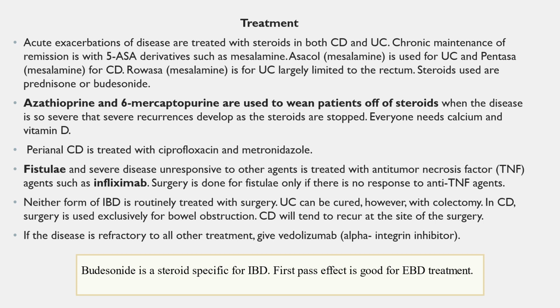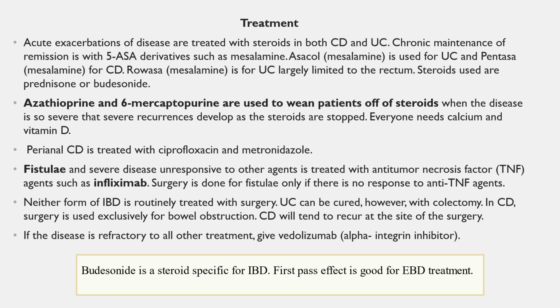Asacol or mesalamine is used for UC, Pentasa, which is again mesalamine, is used for CD. Rowasa, which is also mesalamine, is used for UC, which is largely limited to the rectum.